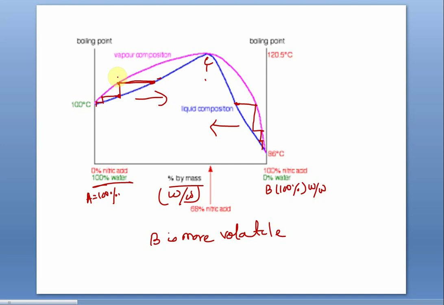Because the distillate is heading towards the left, in the opposite direction, and the residue will be reaching C.